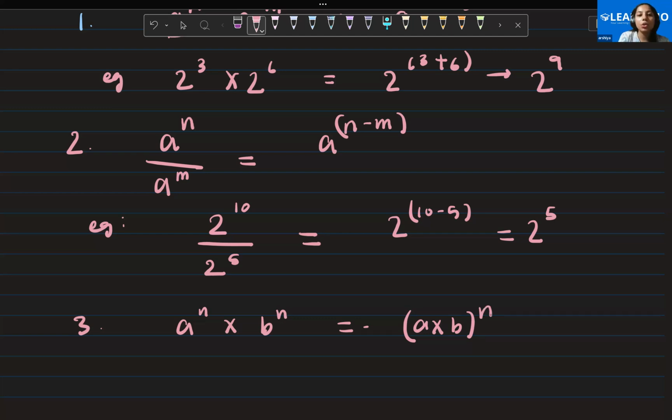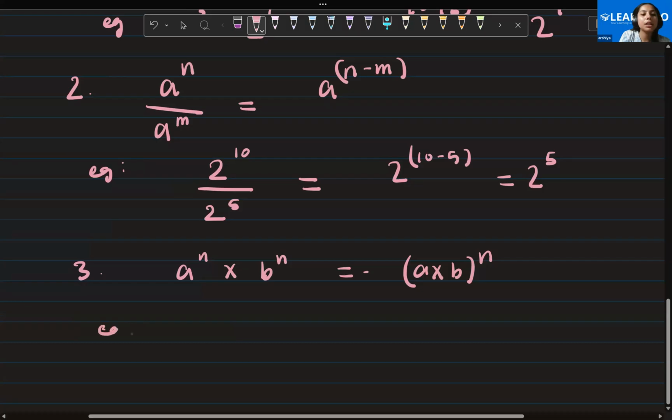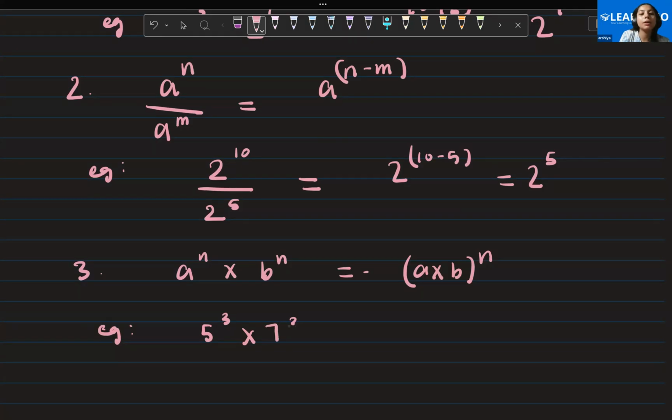Let's say we have 5 raised to the power of 3 times 7 raised to the power of 3. We will simply do 5 times 7 raised to the power of 3. 5 sevens are 35, and the power will be 3. So 35 raised to the power of 3. Okay, sure, ma'am.